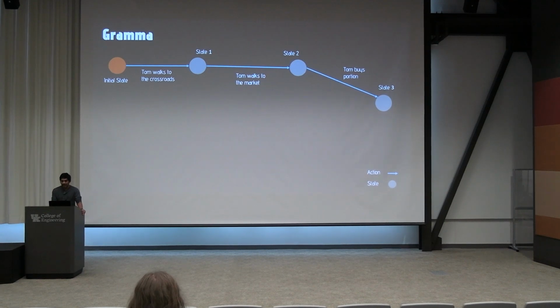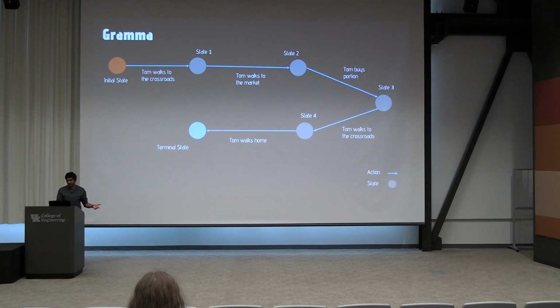Then Tom walks back to the crossroads, and finally Tom walks back to his home or cottage, which is a terminal state, and this is an example of a plan.